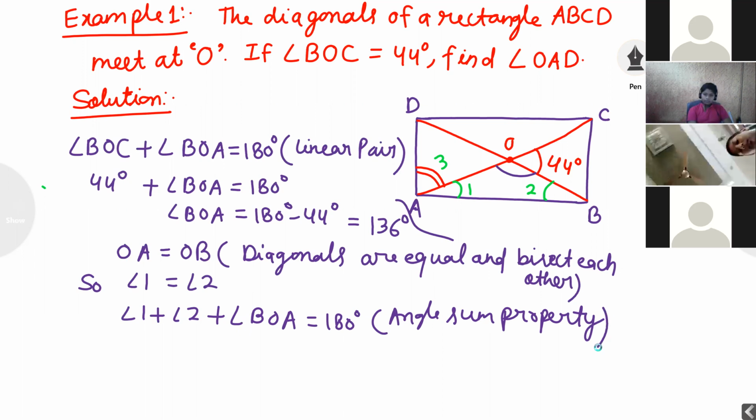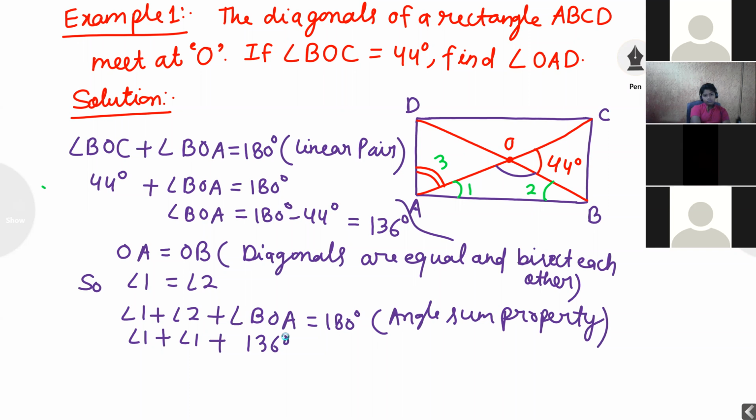Now already I know angle 1 is equal to angle 2. It means in the place of angle 2, I can write angle 1. Angle BOA, already we got 136 degrees, is equal to 180 degrees.